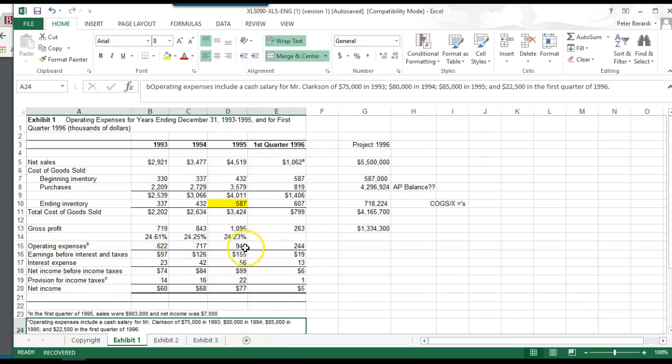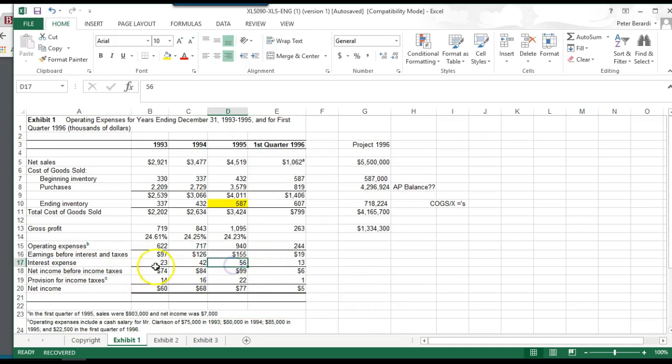So you could take last year's numbers as a percent of net sales and carry that over to 5.5 million and add 5,000 to it for his raise. I mean, that's basically what you have to do to figure out what your net income is going to be.